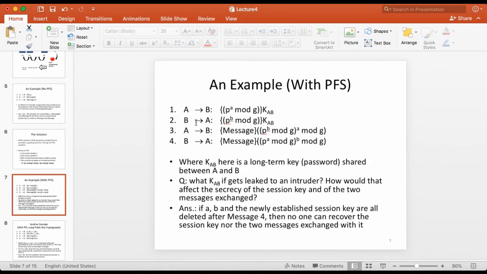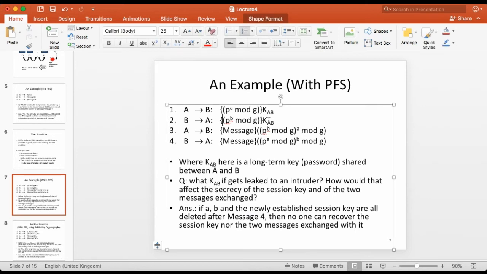At the same time, Bob will send Alice his own subcalculation, encrypted with the same key, the long-term password that he shares with Alice. So when Alice receives this encrypted message, she will decrypt it because she knows KAB, and she will then release the internal content.